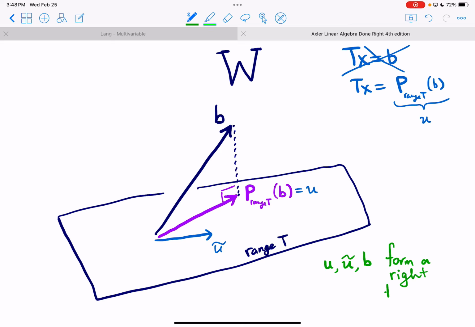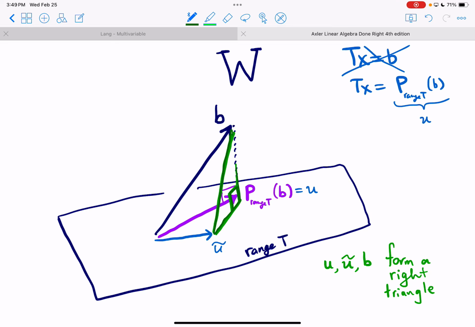It's the same triangle. This is our triangle from chapter 6, except here it's in green. Do you see that they form a right triangle? They do. It's this one. I hope you can see. It's hard for me to draw this. I'm doing the best I can.